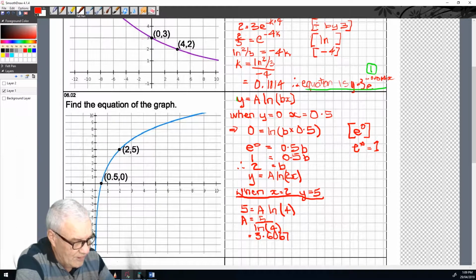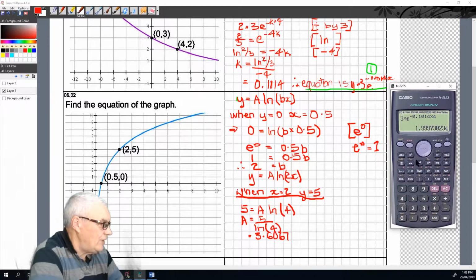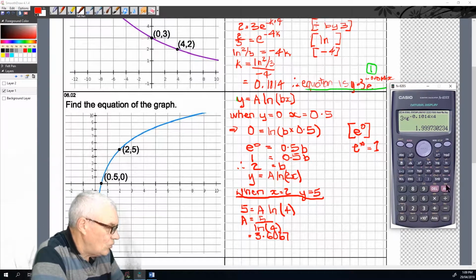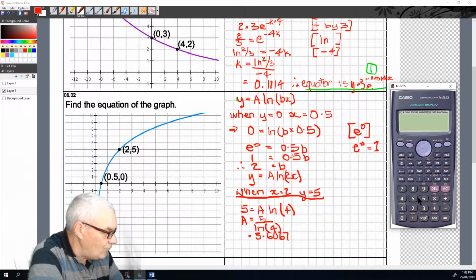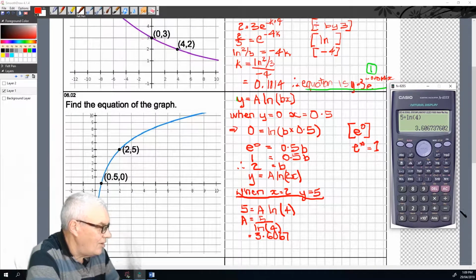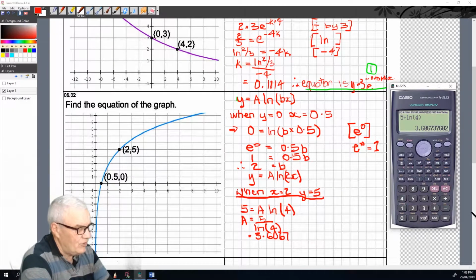So let's get our calculator and we'll just have a look at that. All clear, and so we'll go 5 divided by ln of 4. There we go, 3.6067.